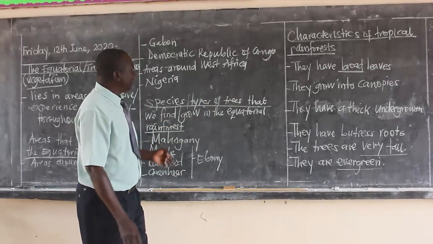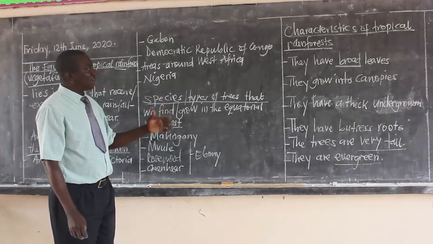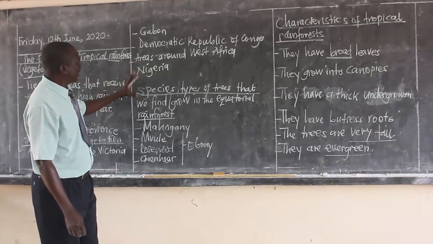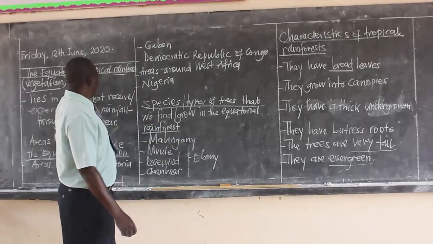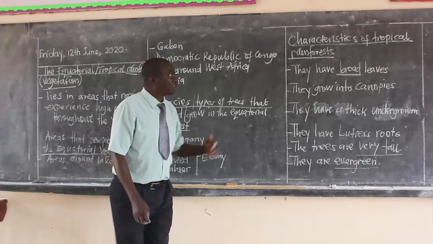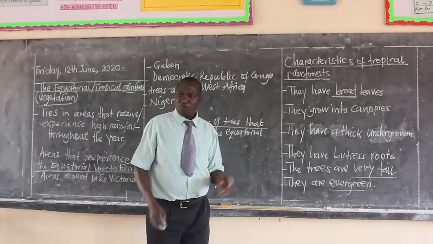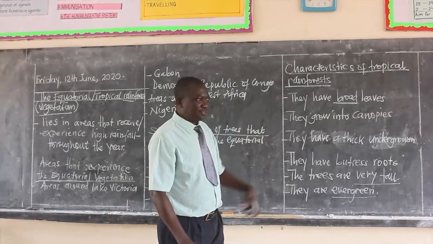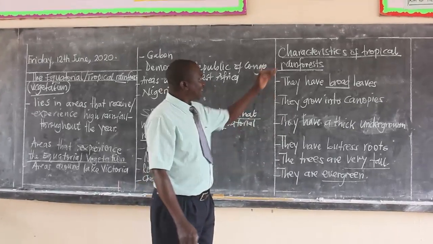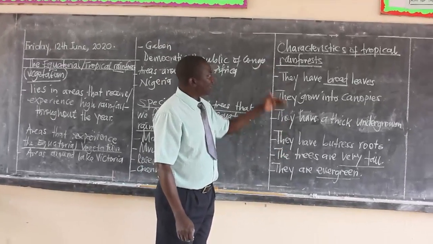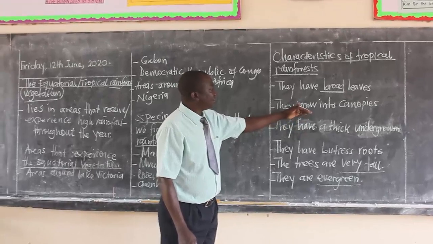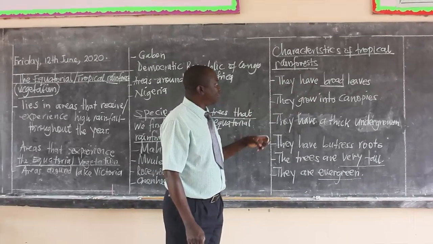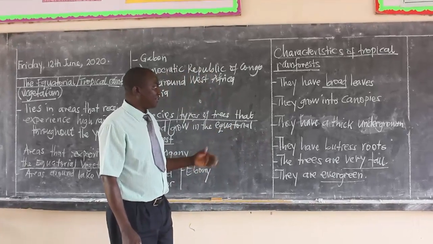Leaving that aside, we can also now come to look at this region that we are talking about. We've looked at the trees that are there. We have looked at what it is. Now, what do you think are some of the human activities that are carried out in this vegetation zone, the tropical rainforest or the equatorial vegetation?